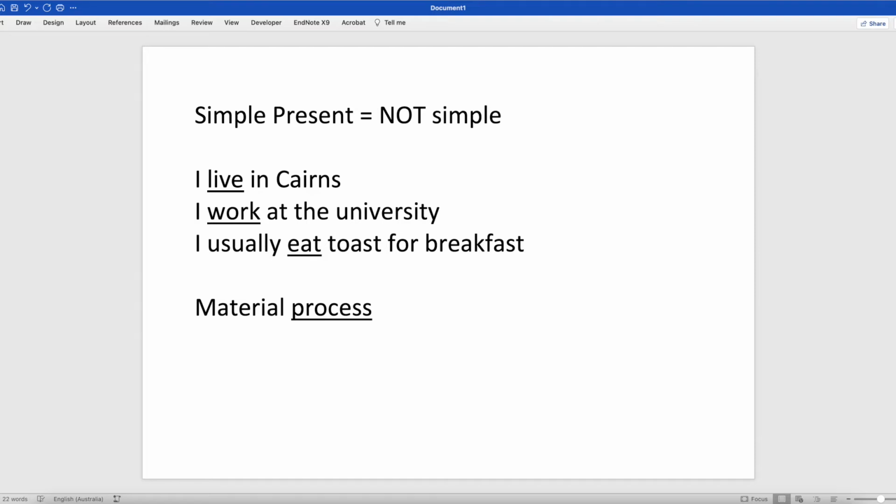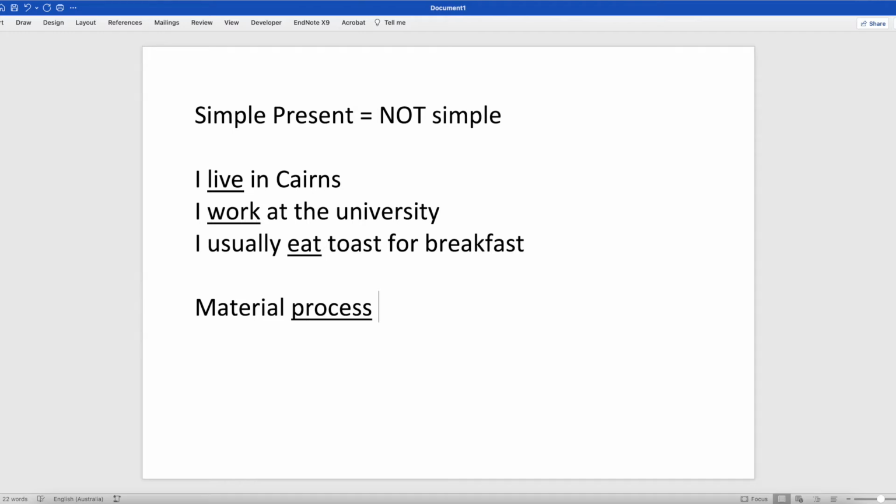It's what kind of word this is in terms of nouns and verbs and adverbs and adjectives and so on. But a process is a function of a verb. And so a process is an event which is realized through a verb.